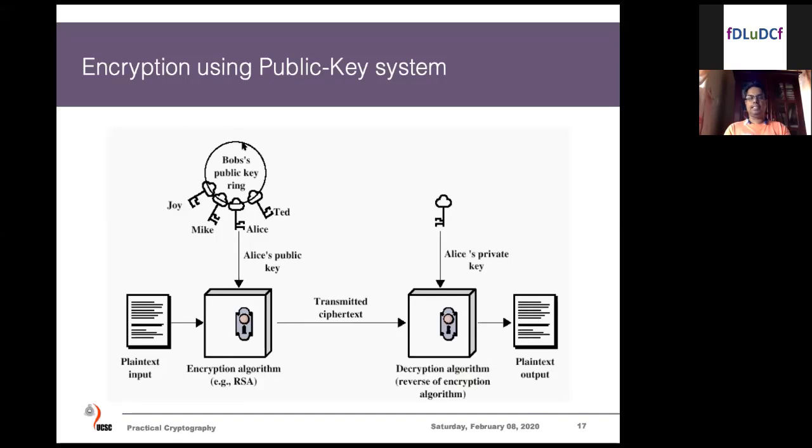For example, this is a public key ring of Bob. The public key ring is the key store of Bob. This key store may have the public keys of other parties like Joy, Mike, Alice, Ted. So whoever wants to communicate securely with Bob needs to generate two keys and send their public key to this ring or storage.